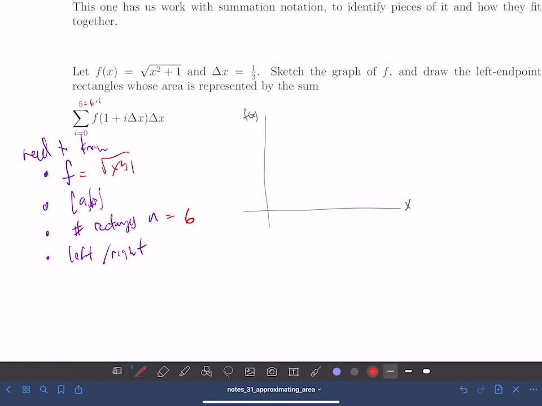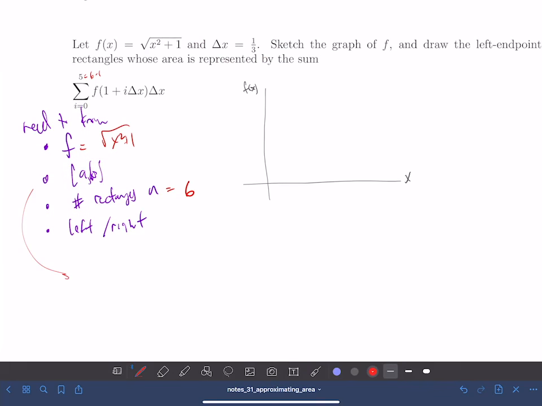Delta x is 1/3. Okay, I see delta x is a third. We want to figure out our interval from a to b. The smallest x value at which we're going to be evaluating f in this sum is when i equals 0.